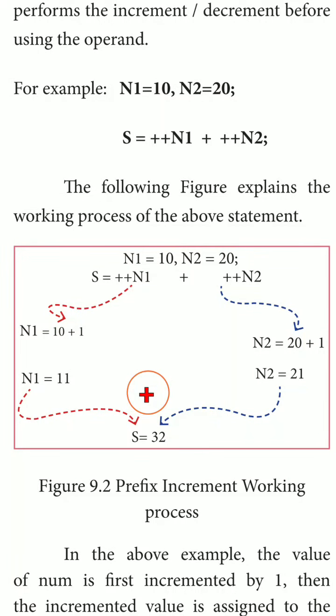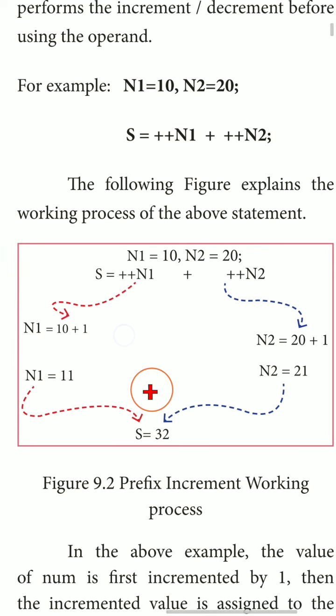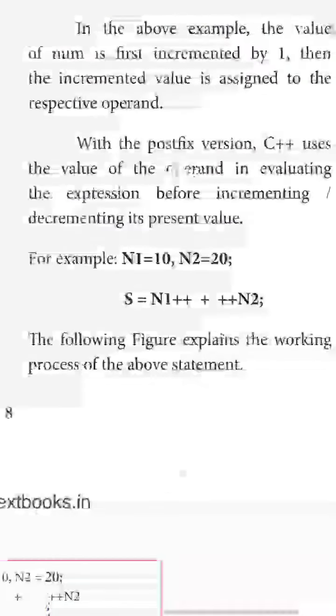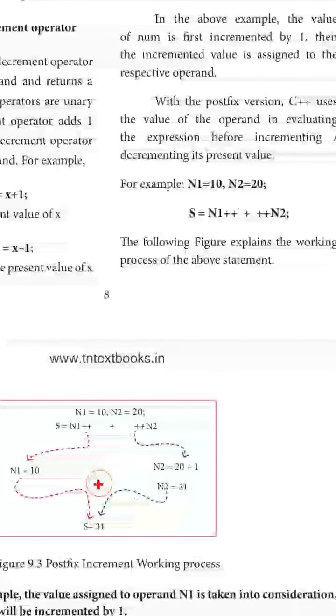The value will be incremented first, since the plus plus operator is there. So 10 will be incremented to 11 in n1, and 20 will be incremented to 21 in n2. After that the adding process will be done. So 11 plus 21 is 32.